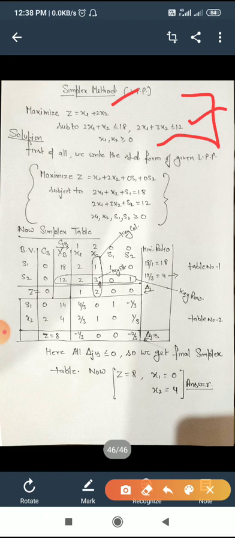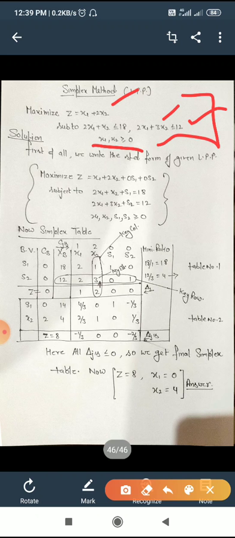Subject to the restrictions 2x1 + x2 ≤ 18, and the second one is x1 + 3x2 ≤ 12, and the third one is the non-negativity condition: x1 and x2 are both greater than or equal to 0. That means x1 and x2 can never be negative at any time.